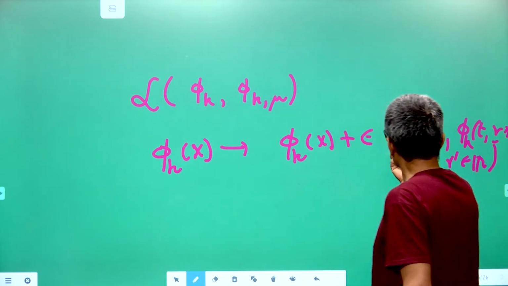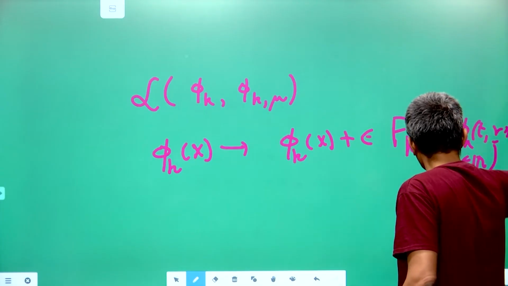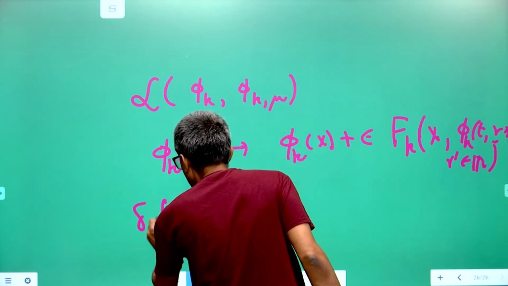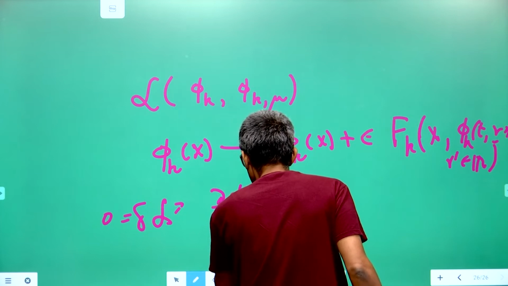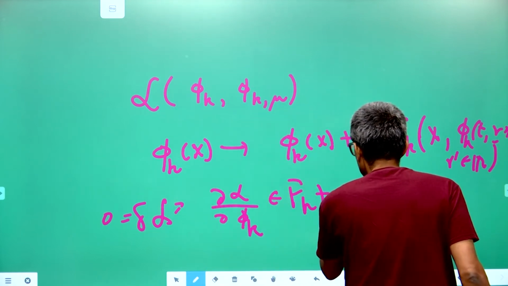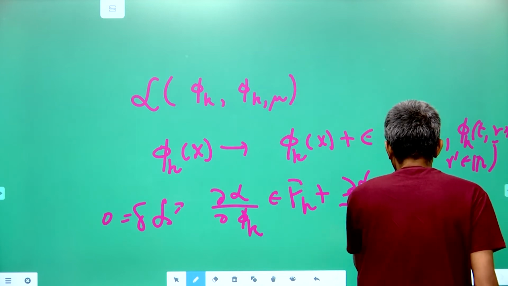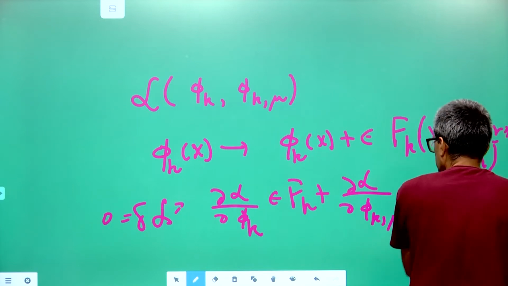If you look at the generator of this group of transformations, diffeomorphisms over the functions over the field space, suppose the Lagrangian is invariant, then δL is 0, which is equal to ∂L/∂φ_k into ε f_k plus ∂L/∂φ_k,μ into the change in φ_k,μ. Φ_k,μ will change by how much? ε f_k,μ, right, this is 0.